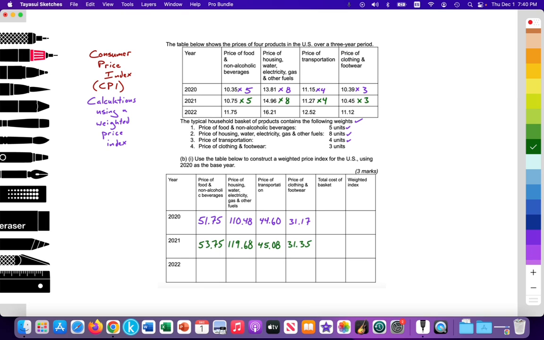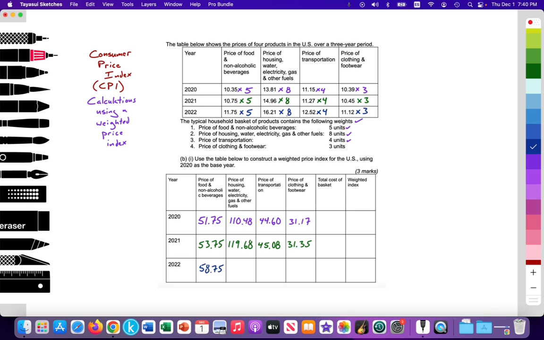All right, so let's check your work. Let's use another color. Let's use blue. We'll multiply by the constant weights of 5, 8, 4, and 3. That should work out to $11.75 multiplied by 5, which works out to $58.75.